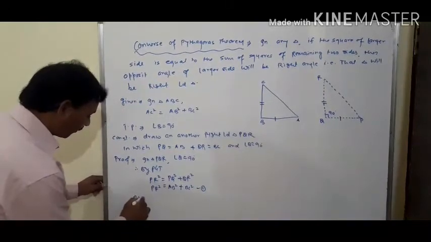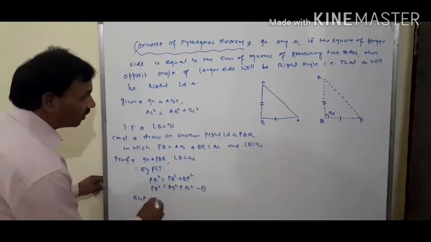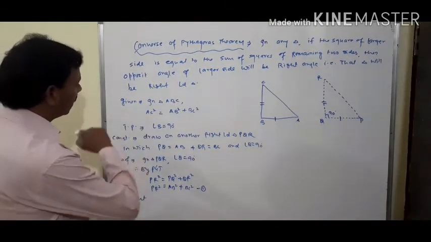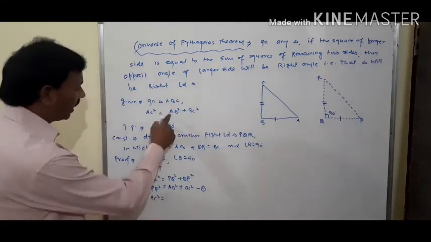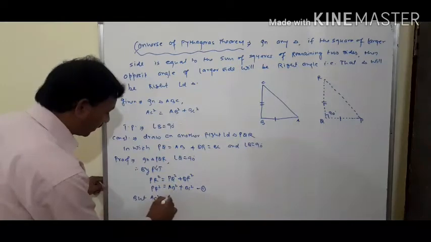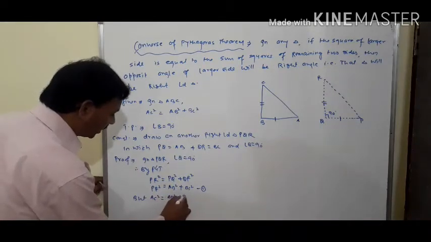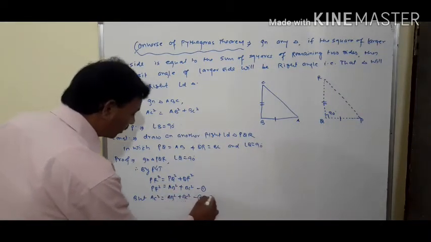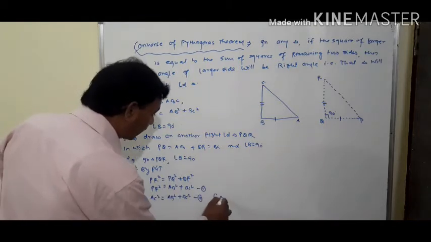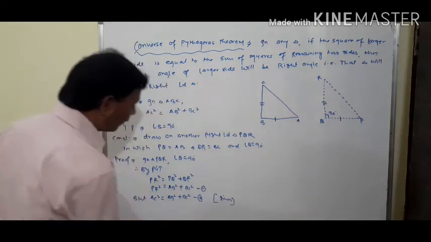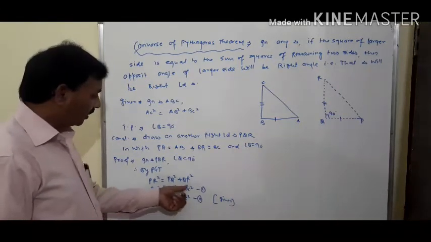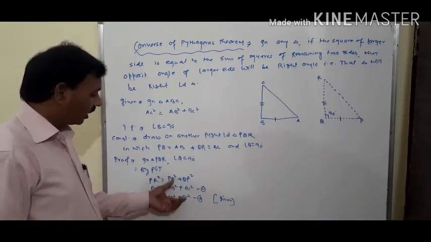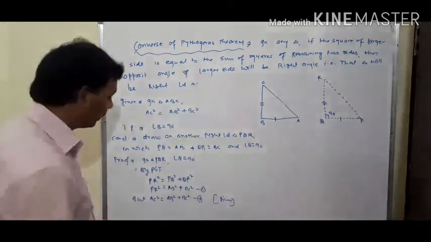But AC square equal to AB square plus BC square. This is equation 2, which is given. Now you can see from equations 1 and 2, the RHS of both equations are equal.